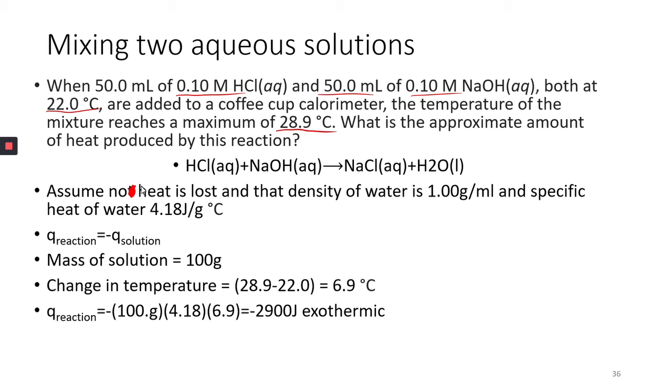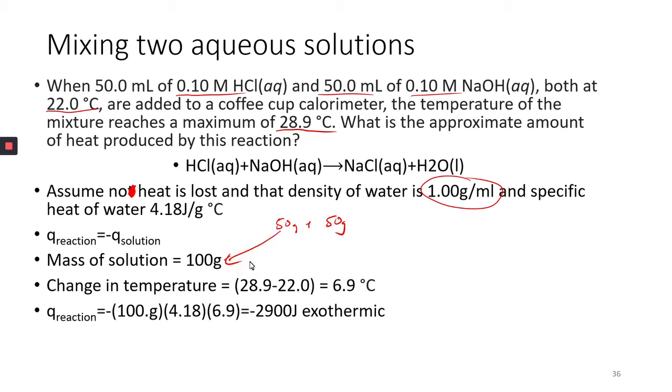milliliter. So, Q of the reaction is equal to negative Q of the solution. The mass of your solution, you have 50 milliliters of each one, and we're assuming 1 gram per milliliter here. So that means we have 50 grams of each. So your mass is 100 grams.